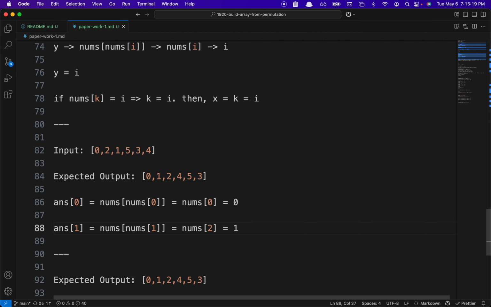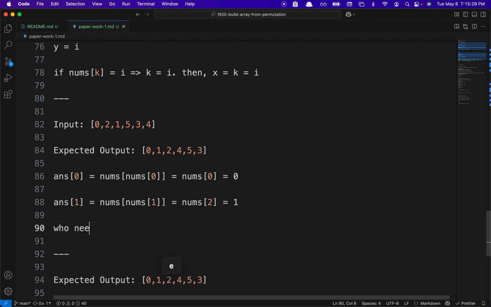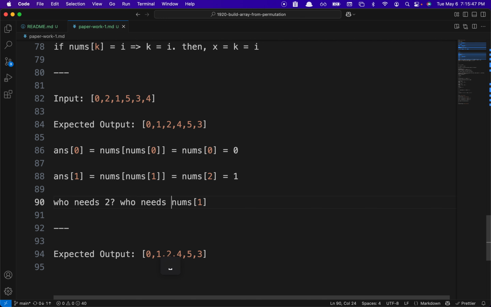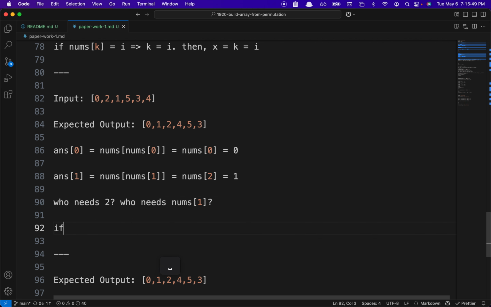Now, if you write over here in the input itself that this is 1, we lose 2. Who needs 2? Someone who will need 2 is someone who needs nums of 1.